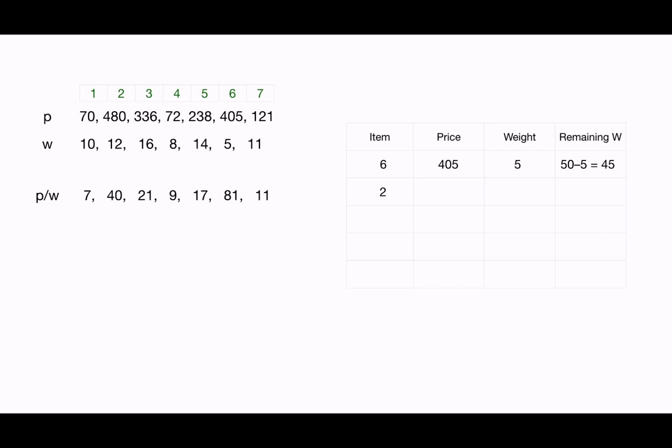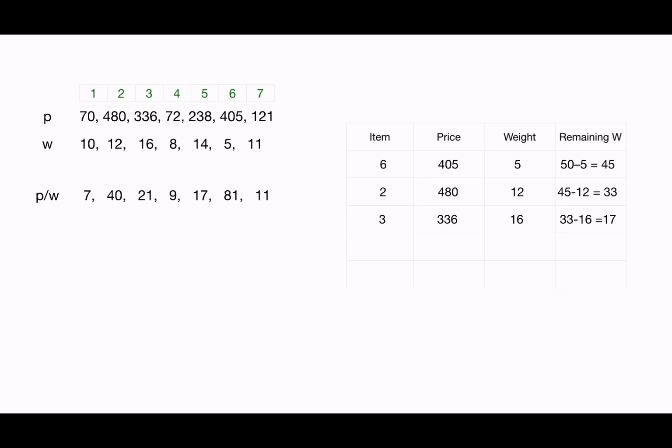So let's pick it. Price is 480 and weight is 12. Now the remaining weight is 33. Now next item with profit per weight ratio 17, it's item number 3, price is 336 and its weight is 16. Now the remaining weight is 17.